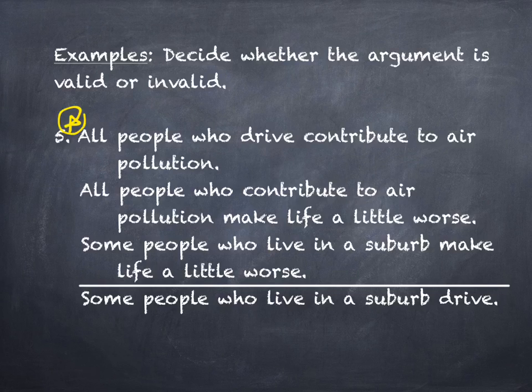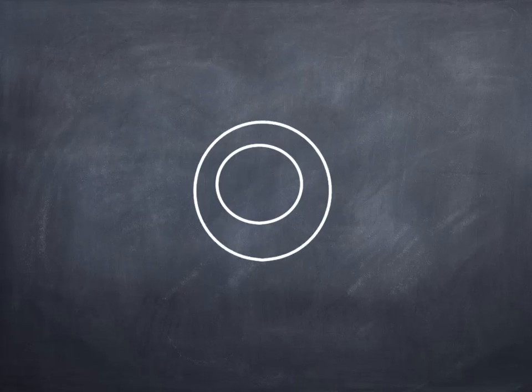All right, so let's start with the first statement. It says, all people who drive contribute to air pollution. So what am I going to draw? A circle inside another circle. What will the inside circle be? People who drive. I'm going to call them drivers. So people who drive are on the inside.